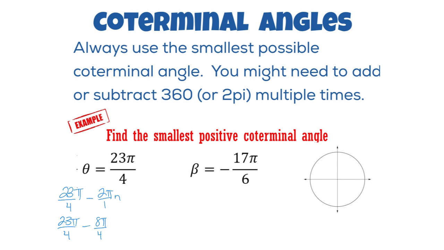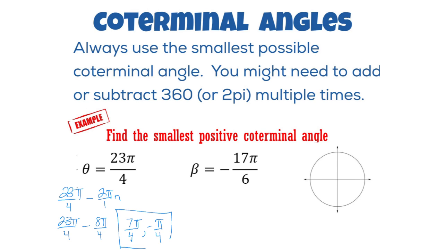Now I'm at negative. So what that means is the last positive version I had was 7 pi over 4. And then when I subtracted once more, I got a negative 1 pi over 4. Those were the two that I just got done saying over here when I was looking at the graph.